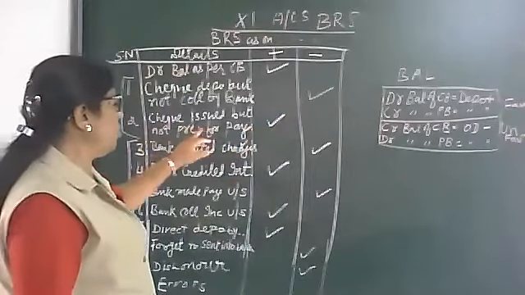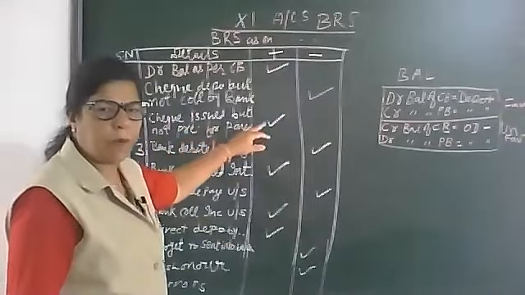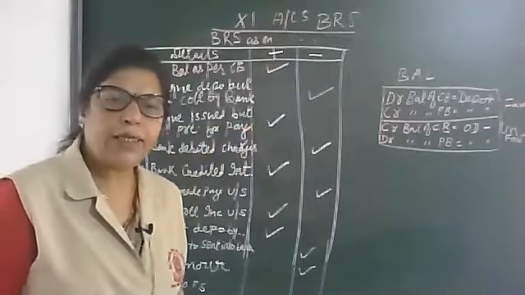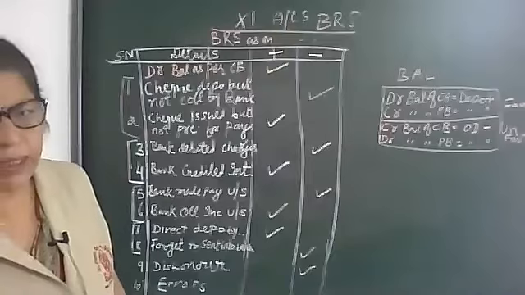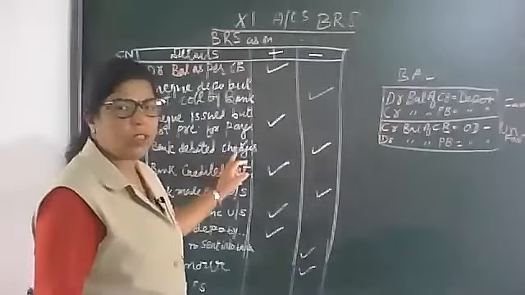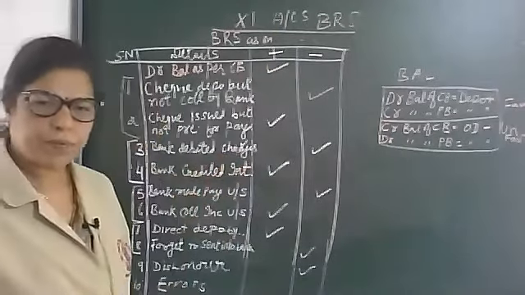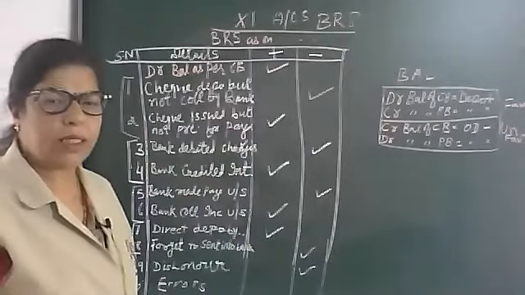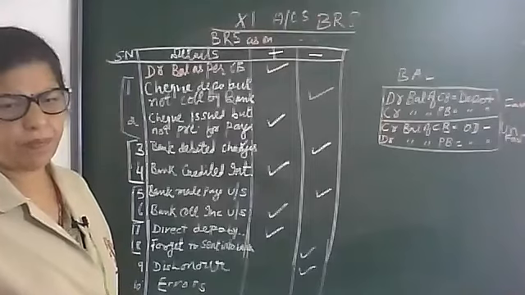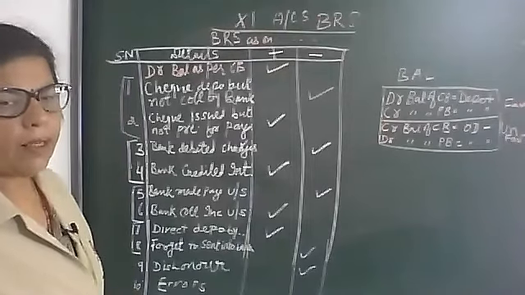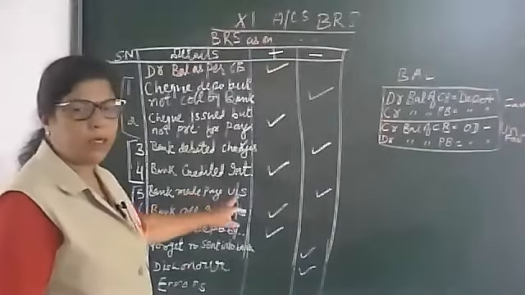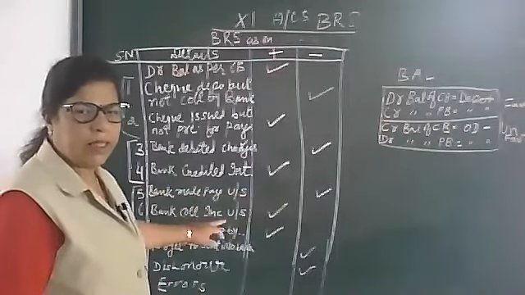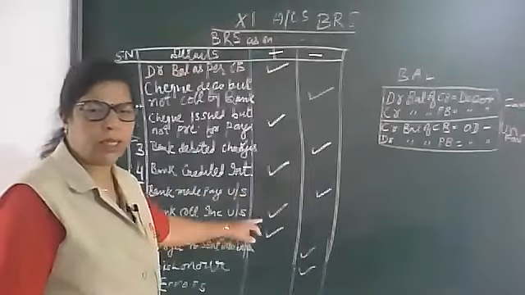Check issued but not presented for payment, that is plus. Bank debited means deducted charges. Bank credited means collected. Bank made payment under standing order. Bank collected income under standing order.